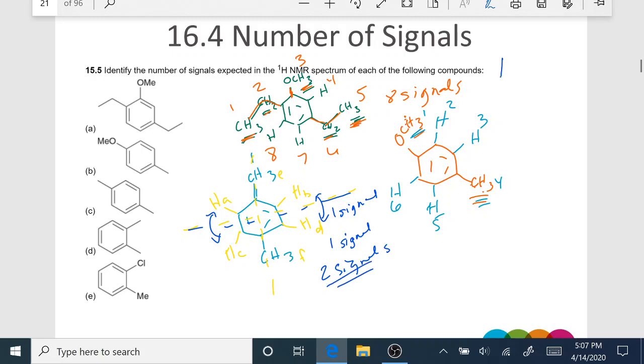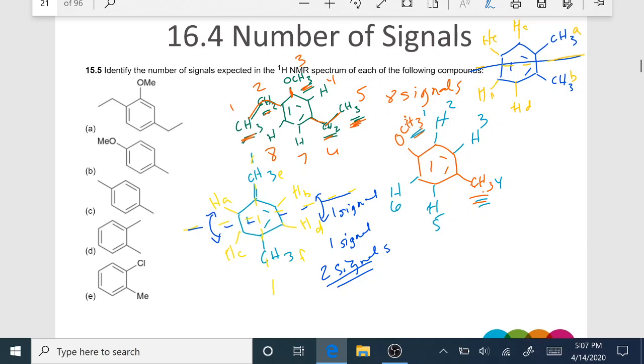Now let's look at D. I have 2 methyl groups. These are now on the side. I do have a plane of symmetry right down the center of this molecule, okay? So that means that I can reflect across that plane, making the hydrogens on A equivalent to the hydrogens on B. And if I call these C and D, then they are equivalent to each other across that plane.